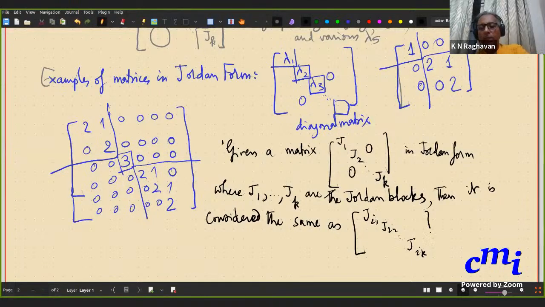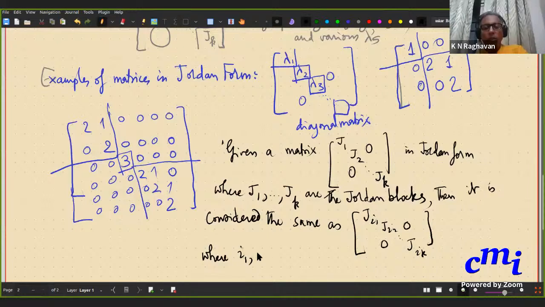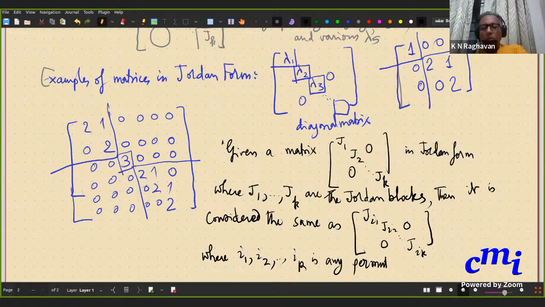Something like that, where I1, I2, Ik is any permutation of 1, 2, up to k.